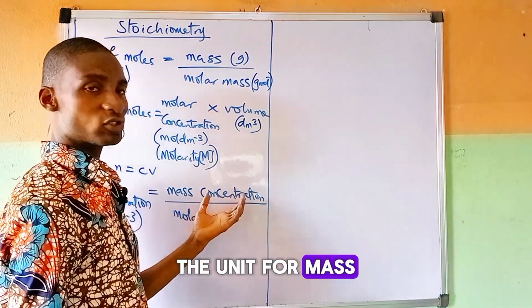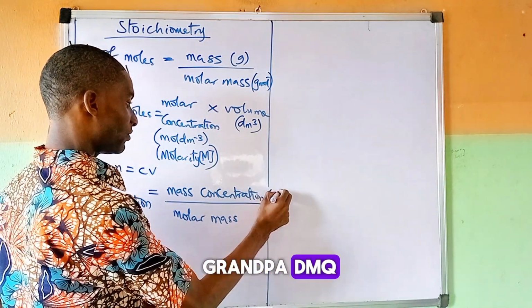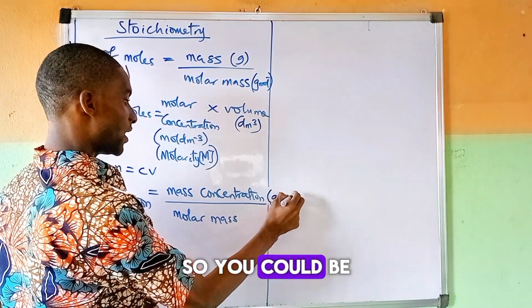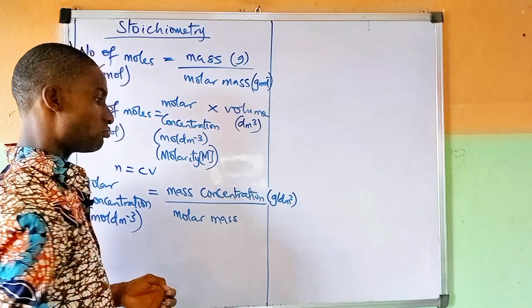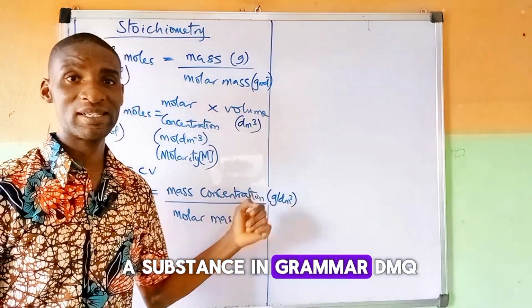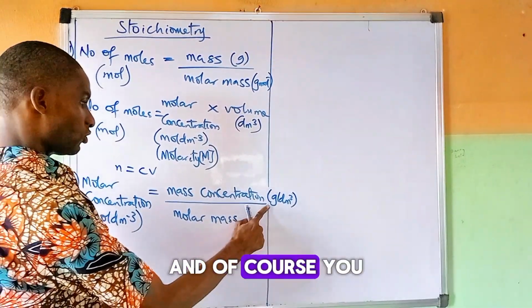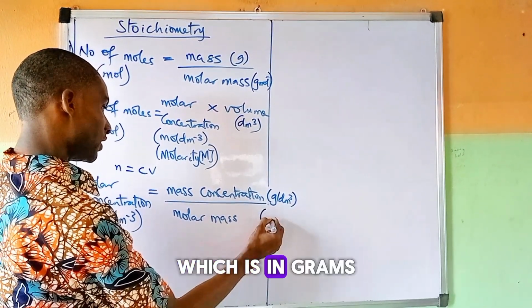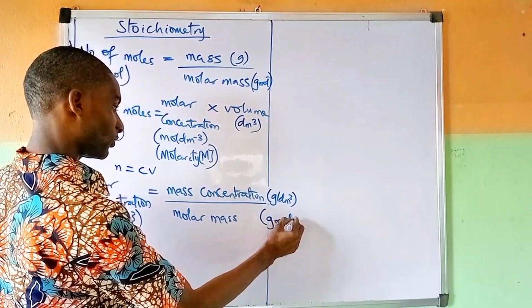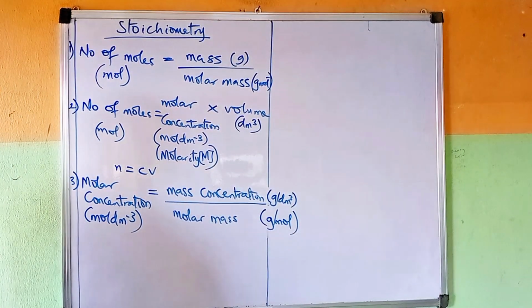The unit for mass concentration is gram per dm³. So you could be asked to calculate the concentration of a substance in gram per dm³. It is the same thing as mass concentration. And of course, you have your molar mass, which is in gram per mole. So this is gram per mole, gram per dm³, then mole per dm³.